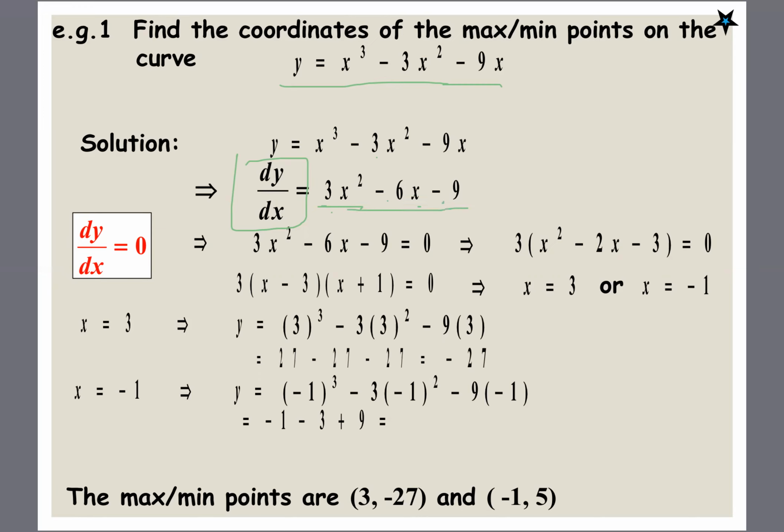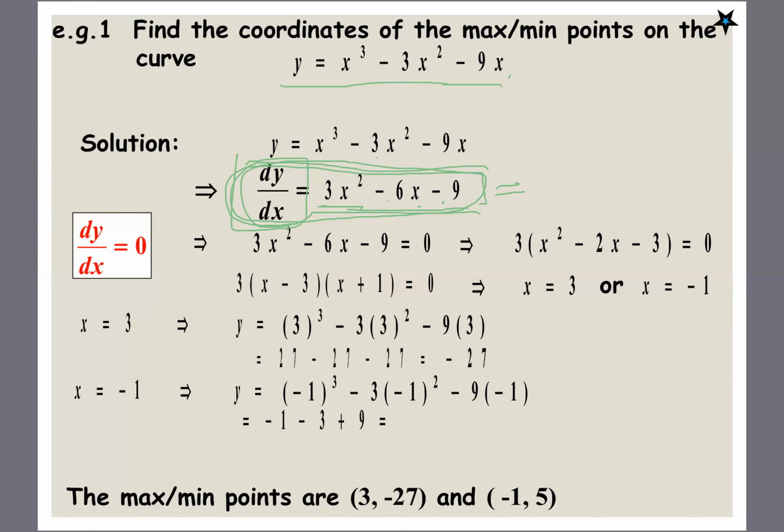That means this is the slope function, or gradient function, of the given function. So when we apply any x value in this dy by dx, we can get the slope of a particular point of that curve.